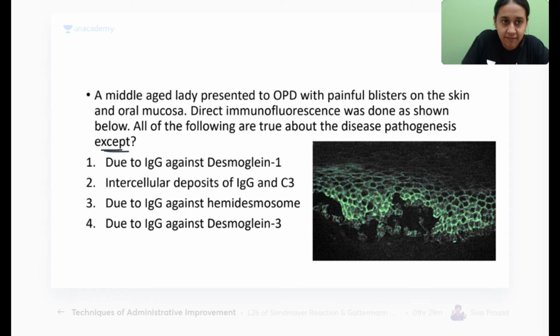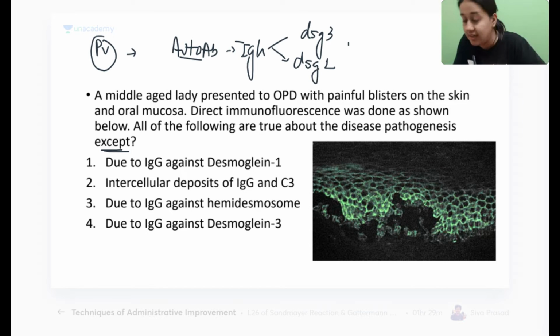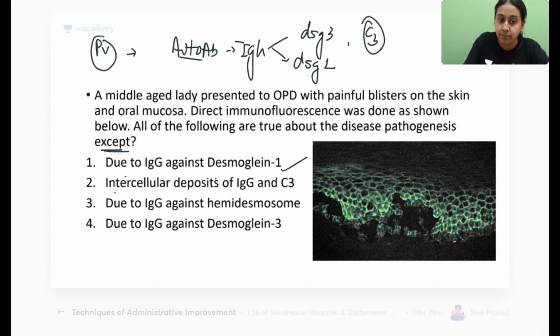Okay. In pemphigus vulgaris, you will see autoantibodies, IgG type, against both desmoglein 3 as well as desmoglein 1. And in some part, there is little activation of the complement. And whenever you have activation of complement, there is accumulation of C3. So you can have IgG against desmoglein 1. You will have deposits of IgG and C3, and you will have antibodies against desmoglein 3.